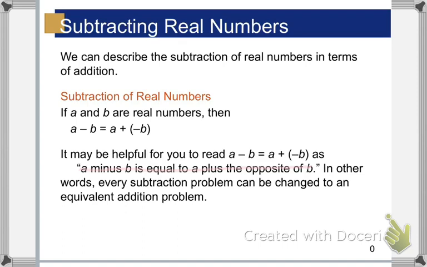Now, let's talk about some tips on what we do. So when we are subtracting, there's really 4 steps, and we're adding the opposite. The first step, you are going to keep your first number the same.